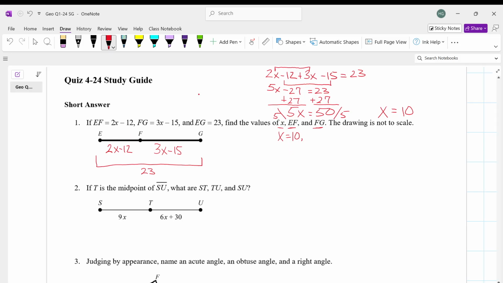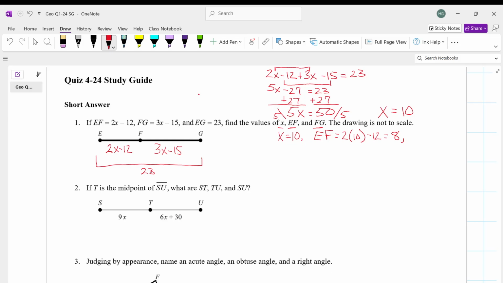E to F, EF is equal to 2 times 10 minus 12, which is 20 minus 12, and that's 8. And F to G, you can find FG two ways.